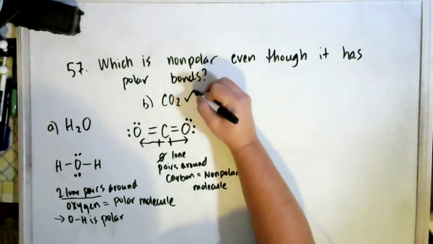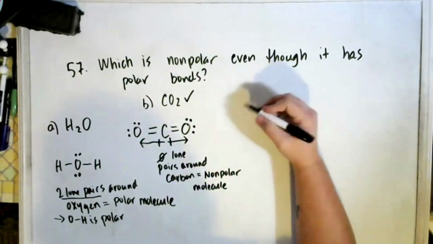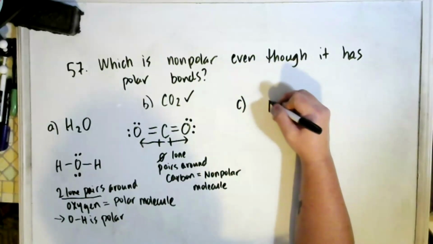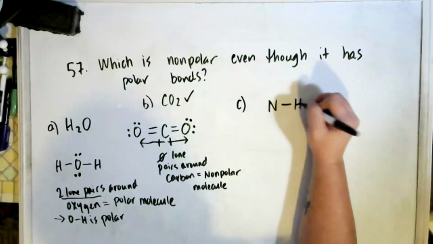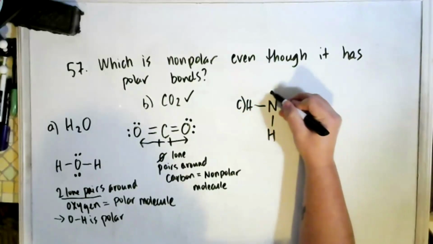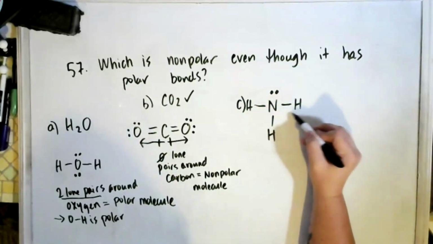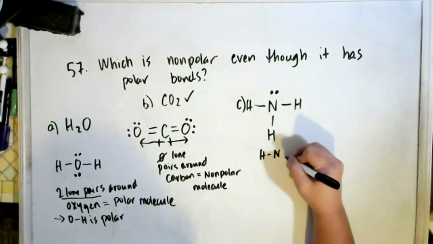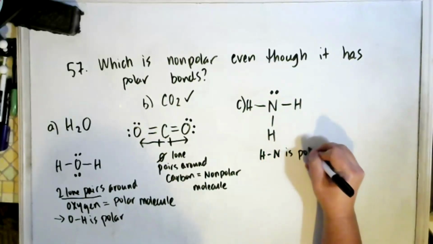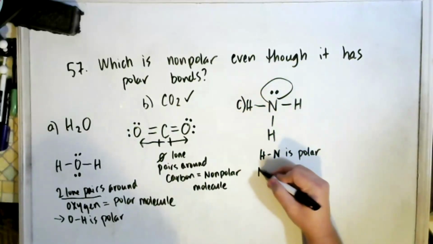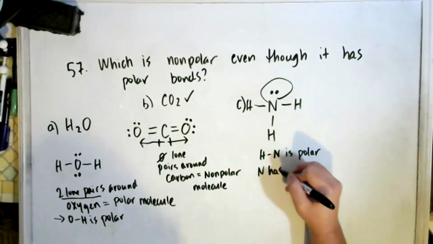Okay, so this is going to end up being our correct answer, but let's just look at the structures for NH3 and H2S. For NH3, we have the hydrogen-nitrogen bond, which is polar. Our nitrogen has a lone pair.